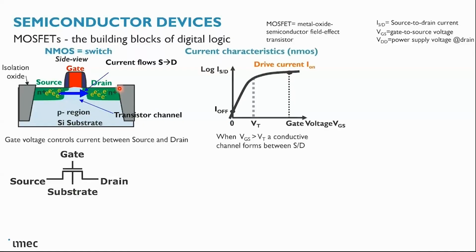If we look at the current characteristics, we see that we need a certain voltage to switch on the device. So the gate voltage must cross a threshold voltage, VT, for having the device on.